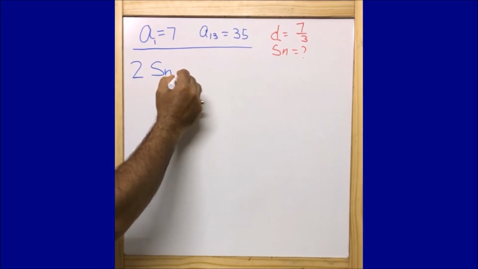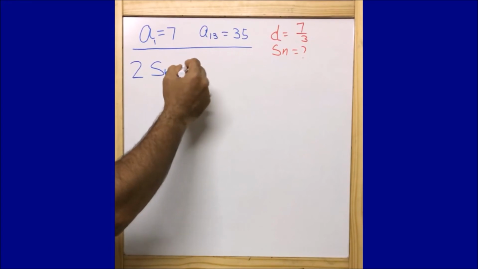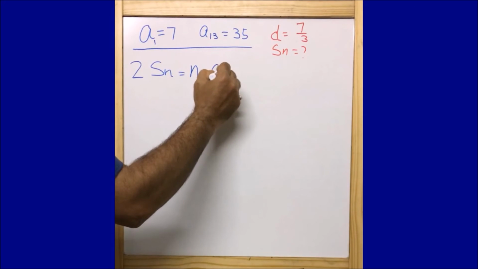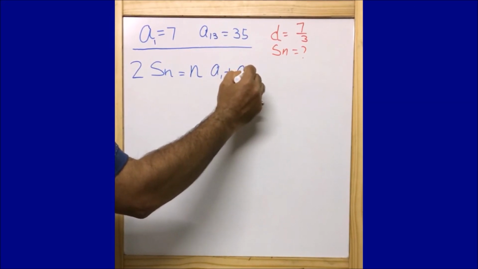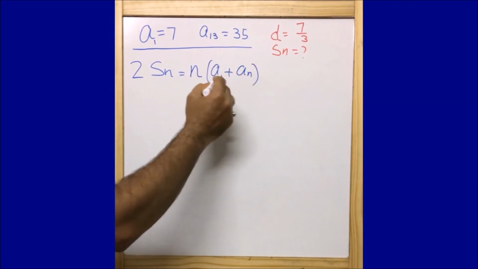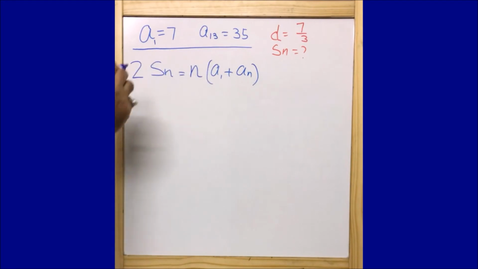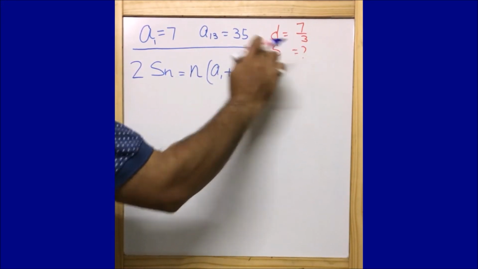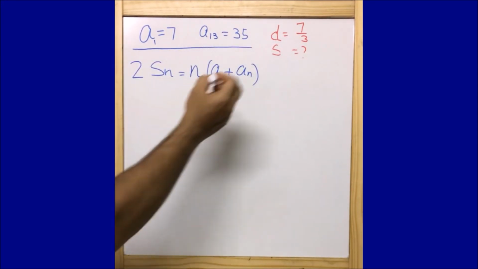I am writing the formula first so that it will be easy to replace the data. Here the value of n is 13 because they have asked us to find out S13.